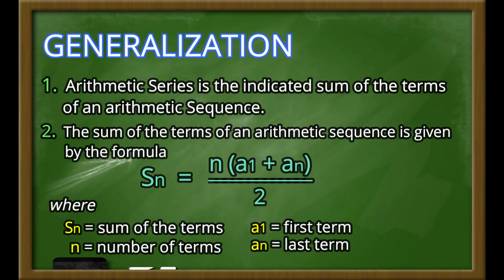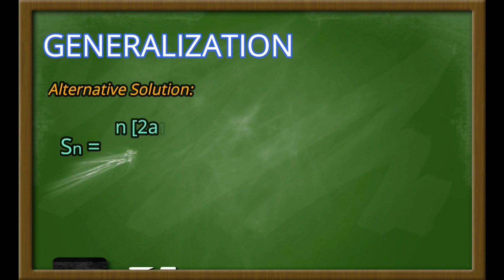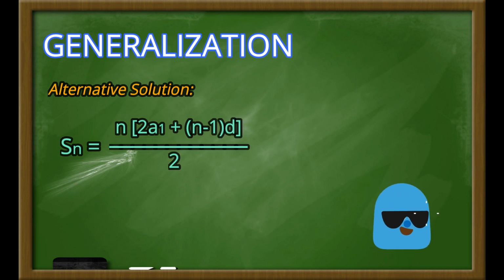If A sub n is not given, then we have to solve for it and substitute it to the formula of the summation of n. An alternative formula is S of n is equal to n times the quantity 2 A sub 1 plus the quantity n minus 1 times d all over 2.